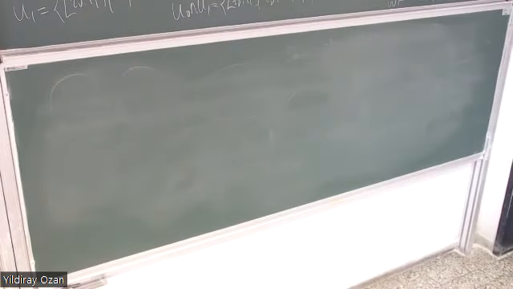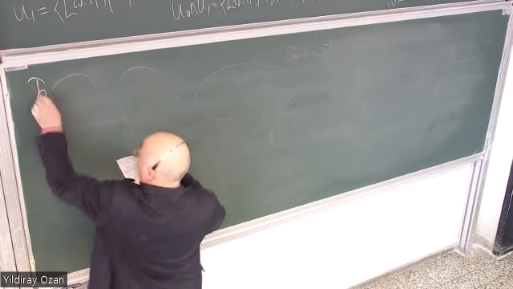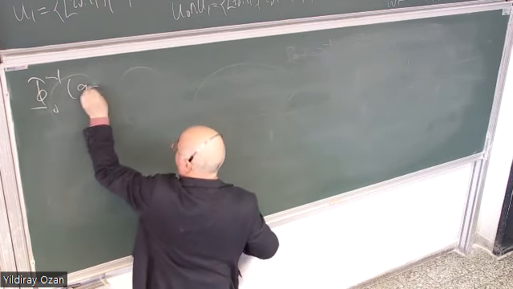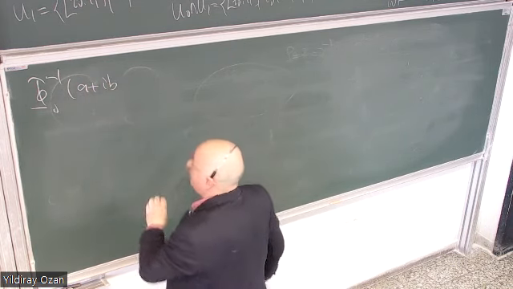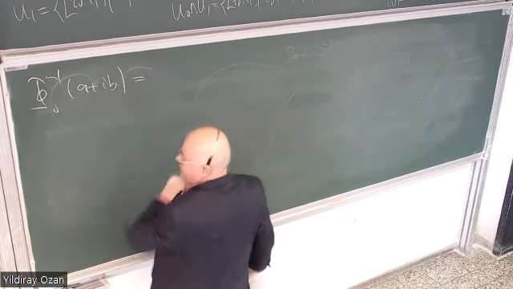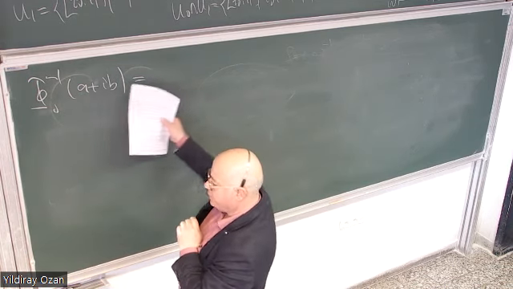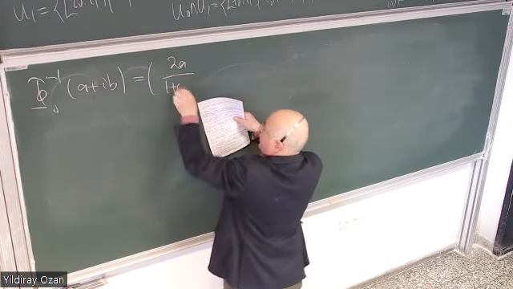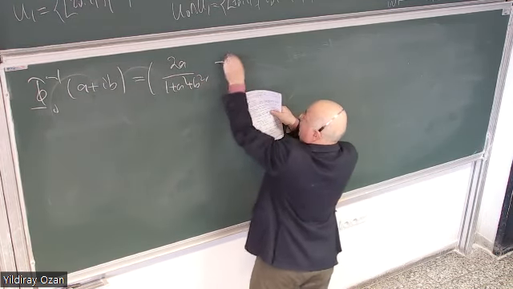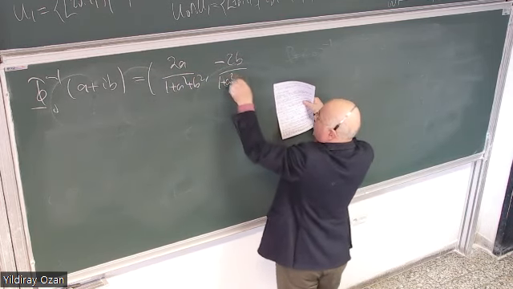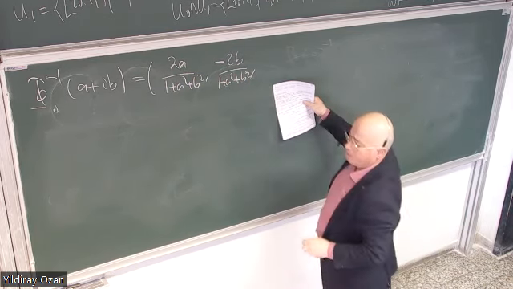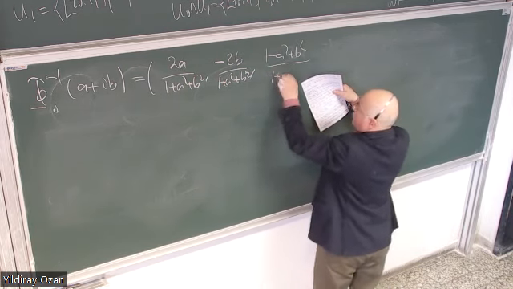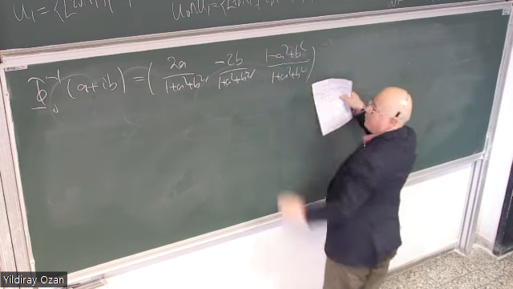So phi 0 inverse of A plus IB, a point in the complex plane, its image is just 2A over 1 plus A squared plus B squared, minus 2B over 1 plus A squared plus B squared, and then 1 minus A squared minus B squared over 1 plus A squared plus B squared.